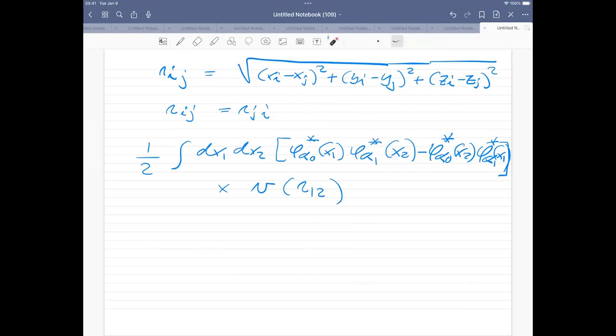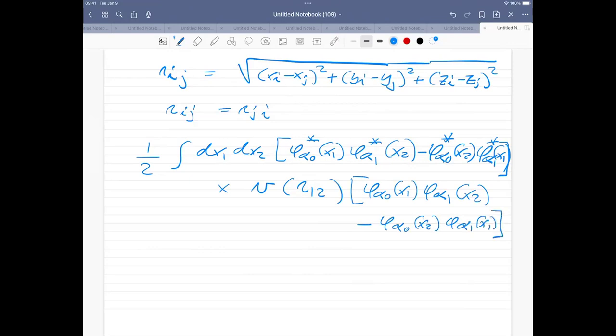So this funny letter is my attempt at writing r. And then we have phi alpha 0 of x1, phi alpha 1 of x2 here, minus phi alpha 0 of x2 and phi alpha 1 of x1. Like that.